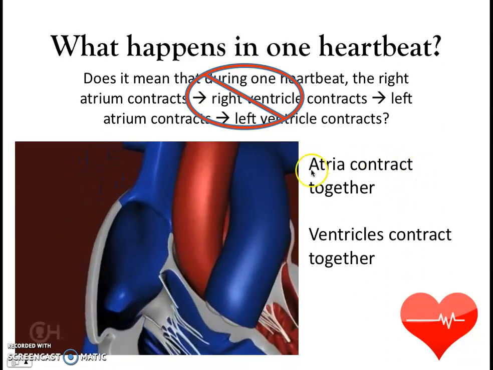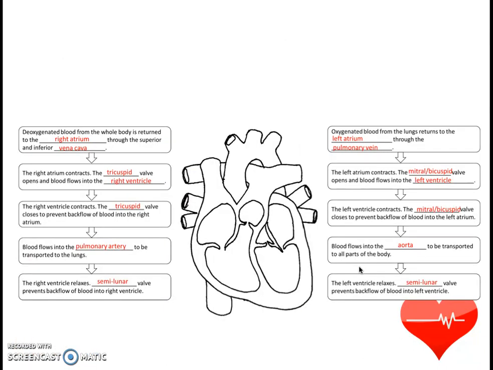Alright, so this is actually quite important, and we describe this later on in the next video as part of the cardiac cycle. If you go back again to the description that we just had, where we describe the flow of blood through the heart, you'll realize that two things are happening at the same time.